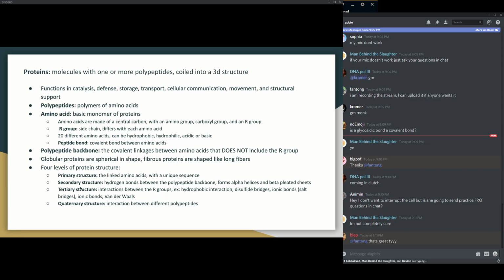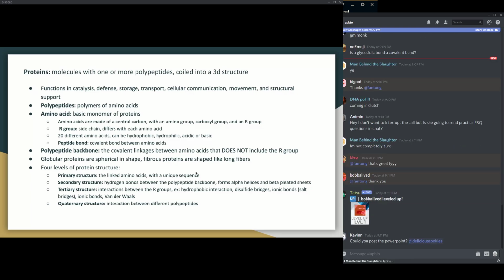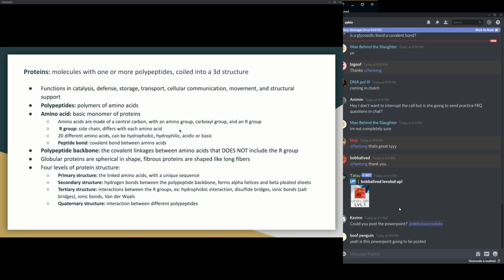And you have the secondary structure, which is the hydrogen bonds between the polypeptide backbone. That's really important because secondary and tertiary structure differ in where there are hydrogen bonds and where there are different interactions. The hydrogen bonds are between the polypeptide backbone, which means between the carboxyl and amino groups shown.